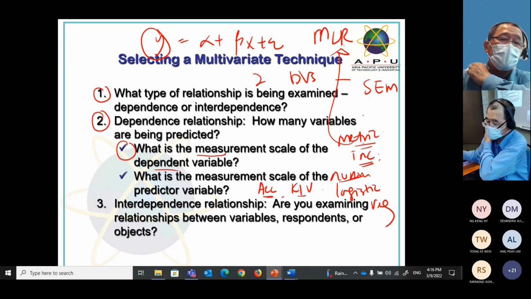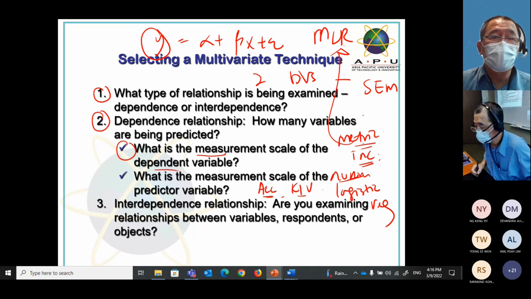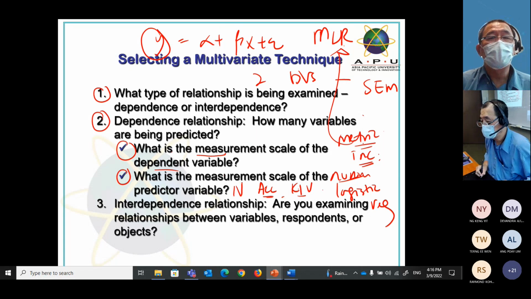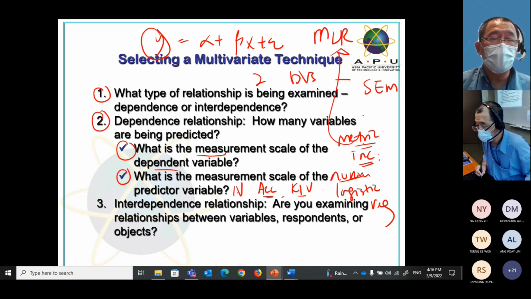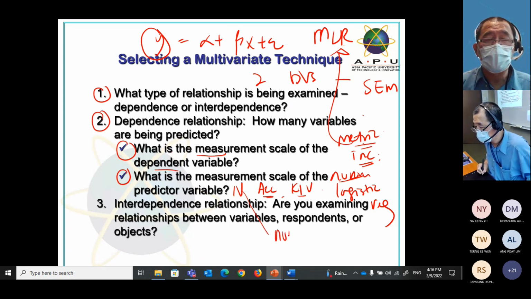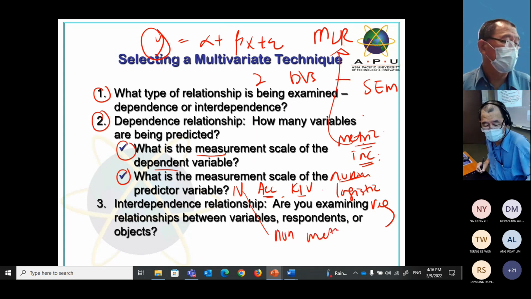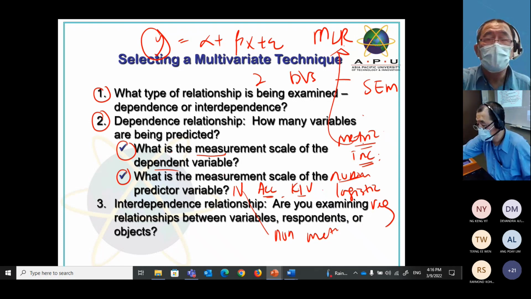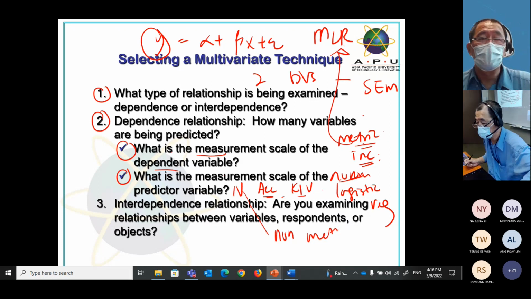What is the measurement scale of the predictor variable? It means the independent variable. Your independent variable can be non-metric. It can also be metric. So this one also will affect the selection of the technique.